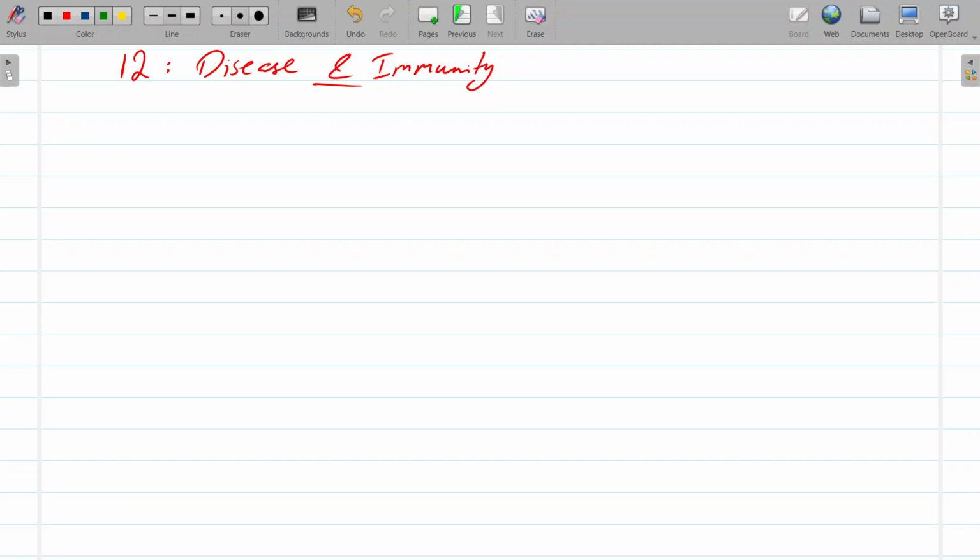Right, so when you talk about disease and immunity, the first thing that comes to mind is what causes disease and how is it spread, right? And so the main factors for the cause of disease are pathogens, which are disease causing microorganisms, and how they're spread.